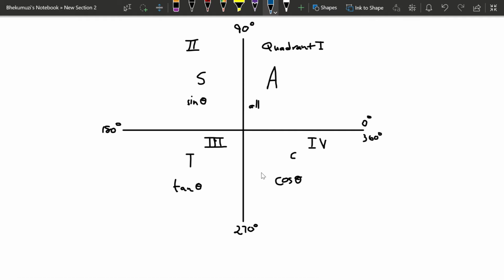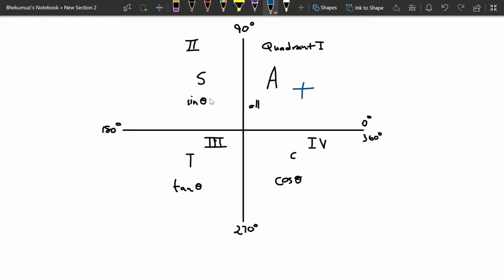Now, reduction formulas. In the first quadrant, your angle is an acute angle, which is less than 90. Any angle less than 90, when you put it into sine, cos, or tan, gives a positive answer. So in the first quadrant all of these are positive.